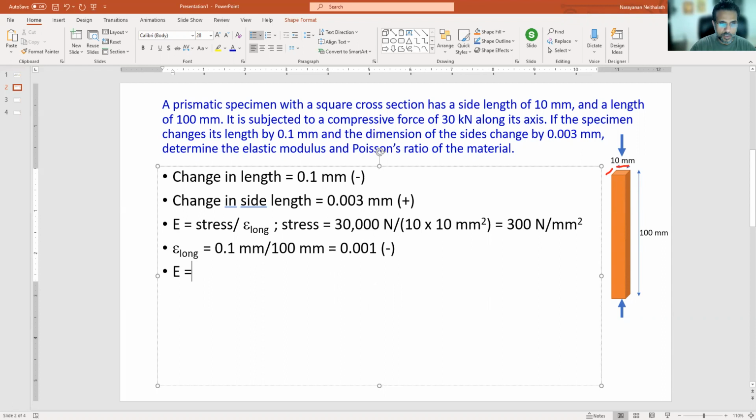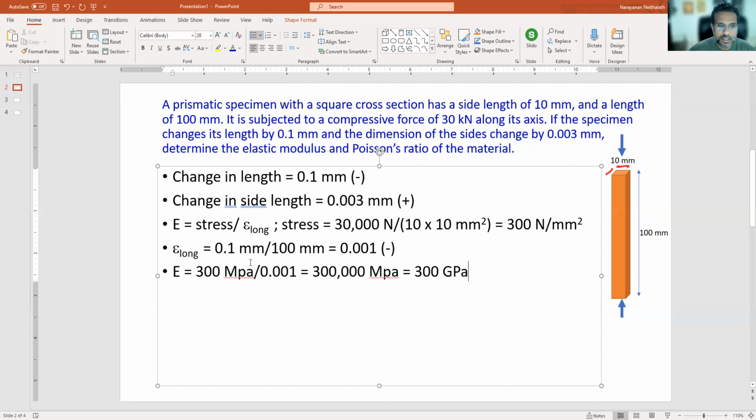Therefore, elastic modulus is nothing but stress over longitudinal strain, which is 300 megapascal divided by 0.001, which is 300,000 megapascal, which is equal to 300 gigapascal. Correct?